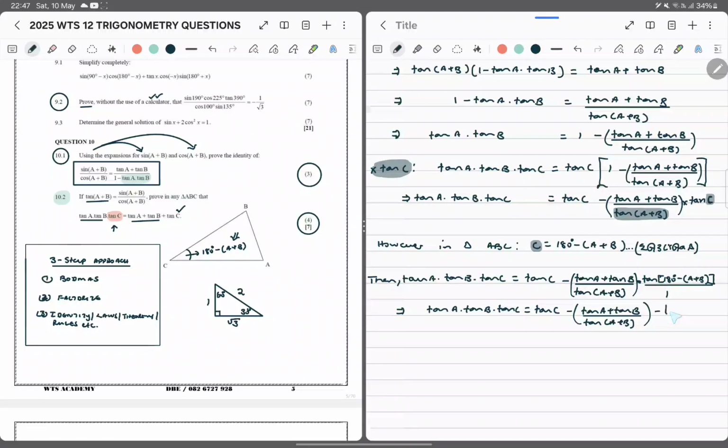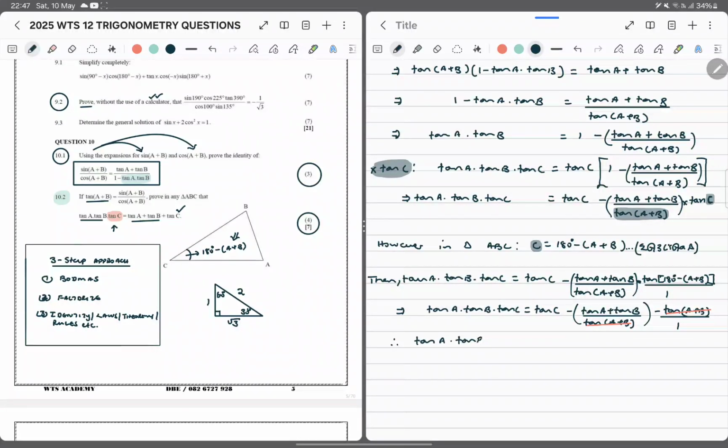This becomes minus 10 of a plus b, all over 1. Now see the matrix, my friends. This one takes care of that one. Now we just multiply these things.